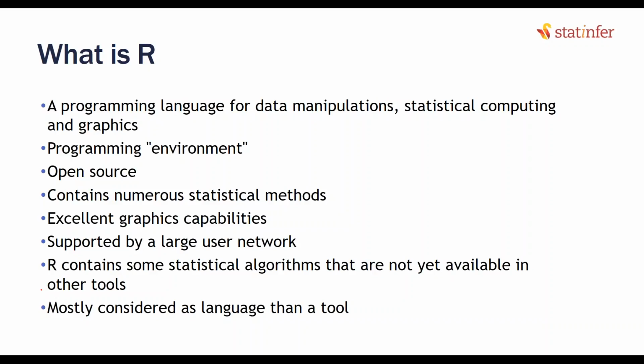It is mostly considered a language rather than a tool. When people say R, most of them might mean the R language, and some of them mean the R tool. It's the same name; R can be a language as well as a tool.